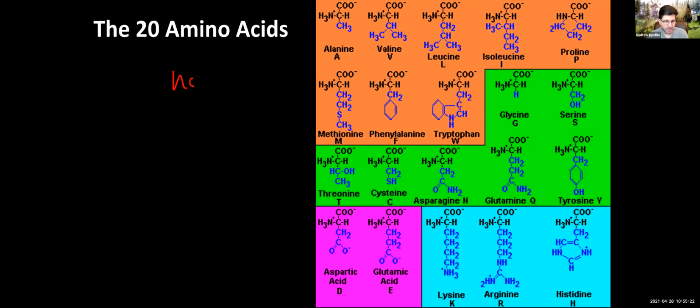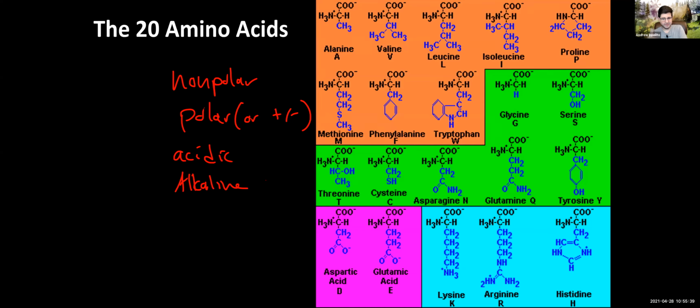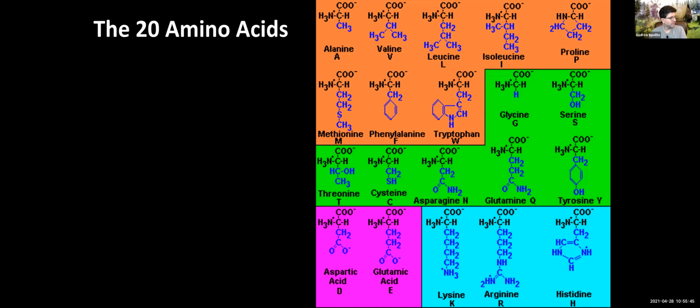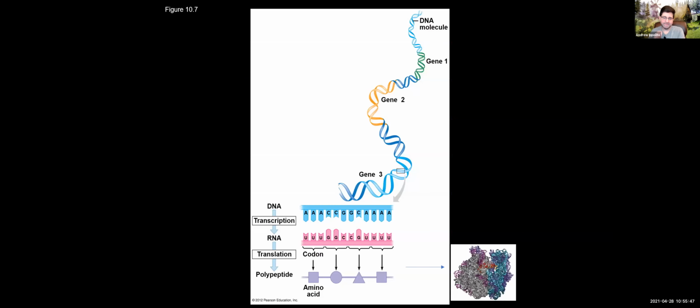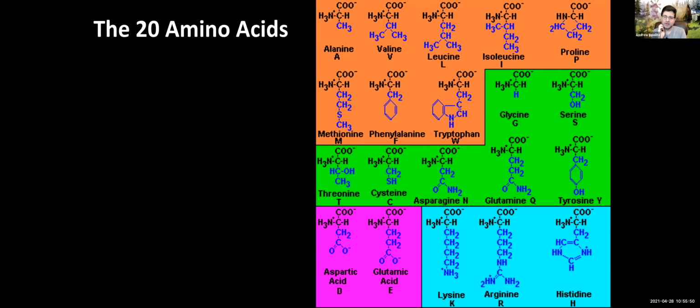So here, there's non-polar, polar, or charged, acidic, and alkaline. There are many ways to split this up. This is the simplest, and you don't have to memorize this. Just understand all the chemistry we've talked about all semester is represented within the 20 amino acids. Okay, so that's all I'll say about that.